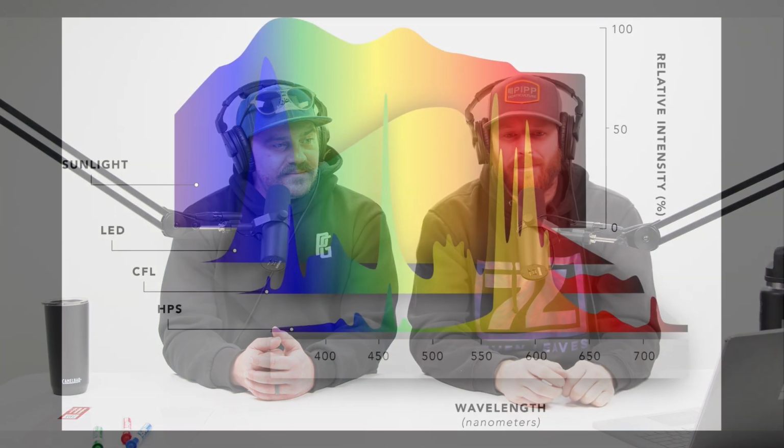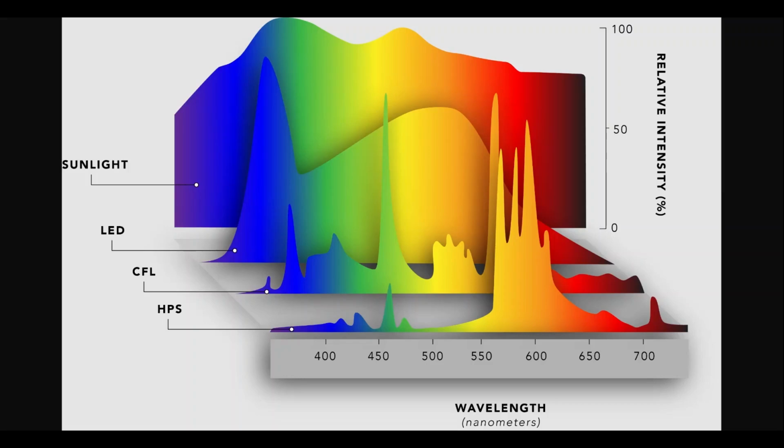Yeah, and one of the interesting things, I'm going to share the screen here as well. You talked about spectrum. Most manufacturers of LEDs are either extremely tunable or they have the selectability for under canopy lights that are designed to go in HPS rooms or under canopy lights that are designed to go in LED rooms.